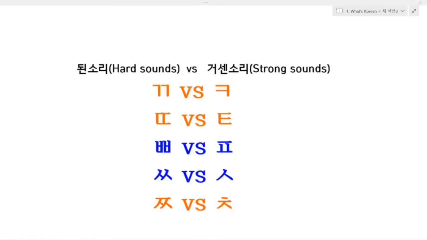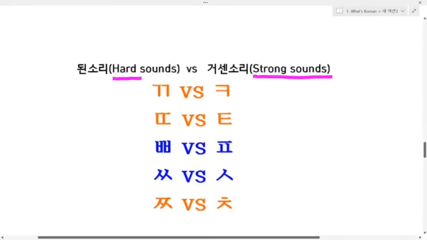There are hard and strong sounds in consonants, but in general, foreigners make the same sound. The reason is that it sounds the same, especially among 끄, 크, 뜨, 트, 쯔, 츠.